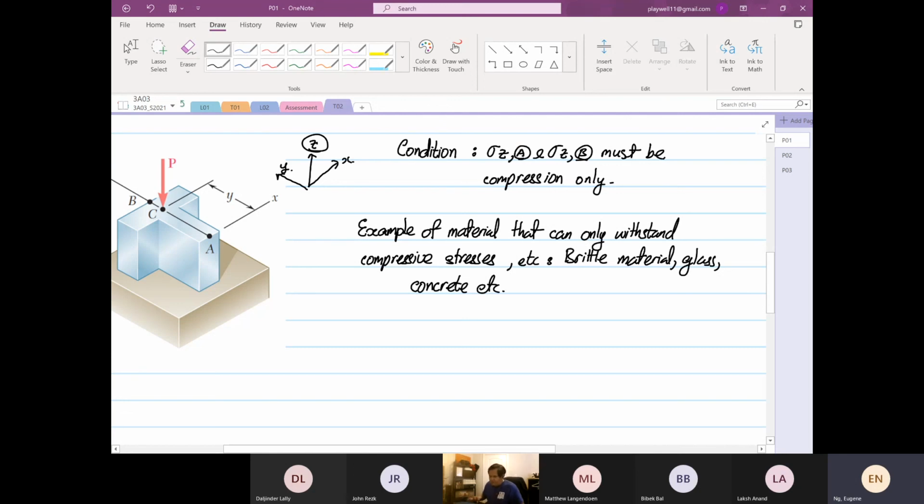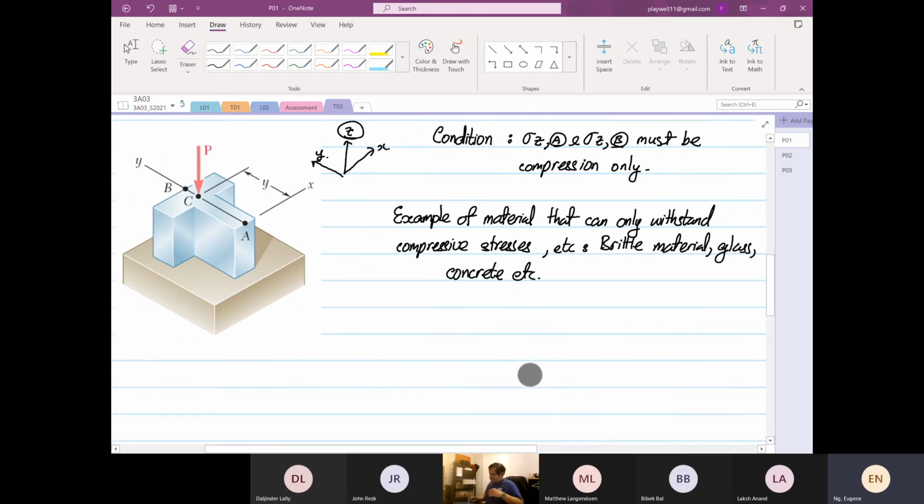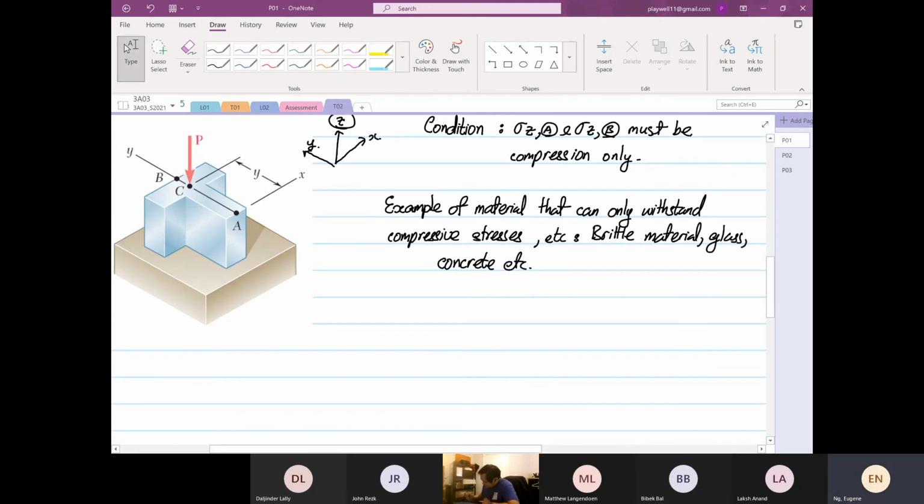So if we look at our equation, like I wrote earlier, stress Z is equal to minus Pz divided by A, then we will have plus or minus Mx over Ixx multiplied by y.